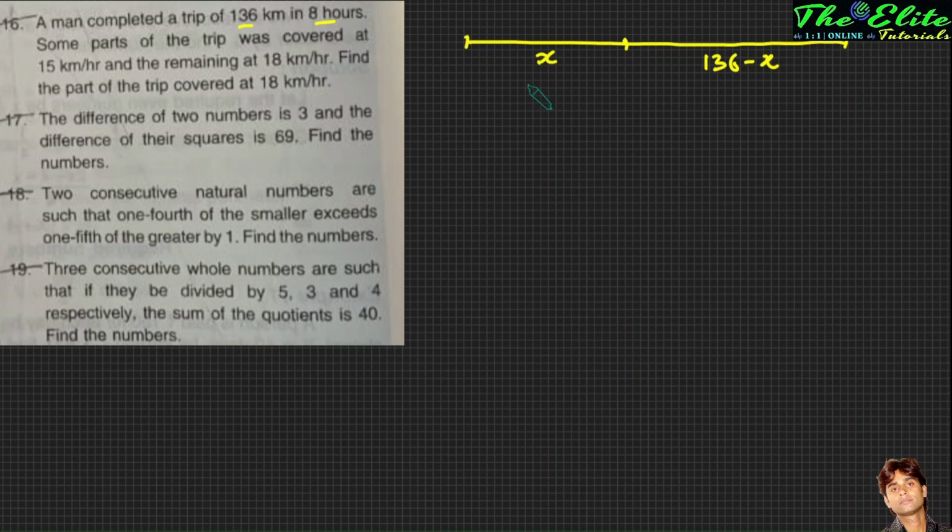The speed over here is 15 kilometers per hour and here the speed is 18 kilometers per hour. Clear? Find the part of the trip covered at 18 kilometers per hour. It means they are asking what length he covered in the second part, with the speed of 18 kilometers per hour. This is the situation. Clear? Can you find it? Very interesting question.